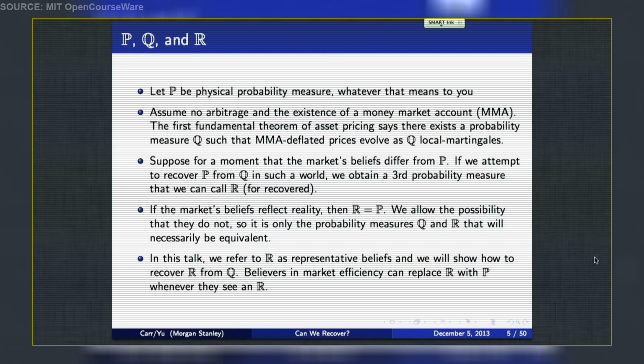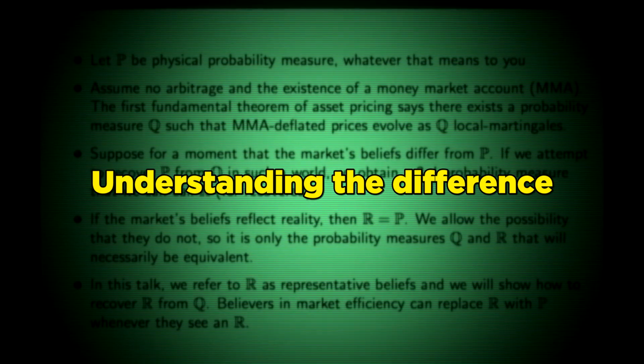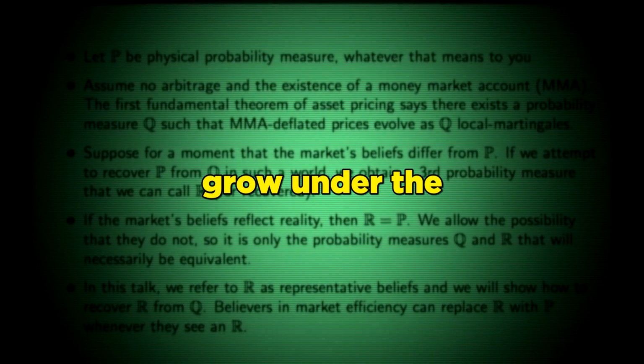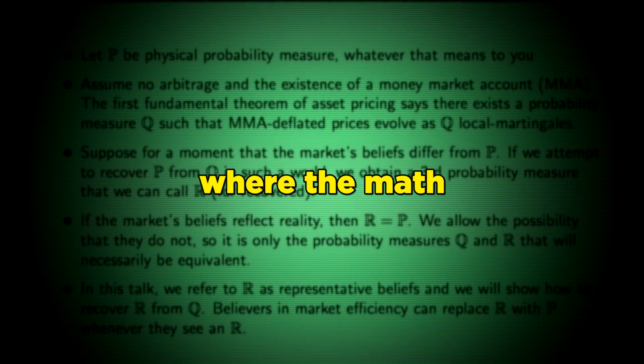So P stands for physical probability measure, so the P is for physical. And think of that as the actual objective reality of future states for, say, the S&P 500. Understanding the difference between how fast prices actually grow versus how they grow under the risk-neutral measure is where the math shines.